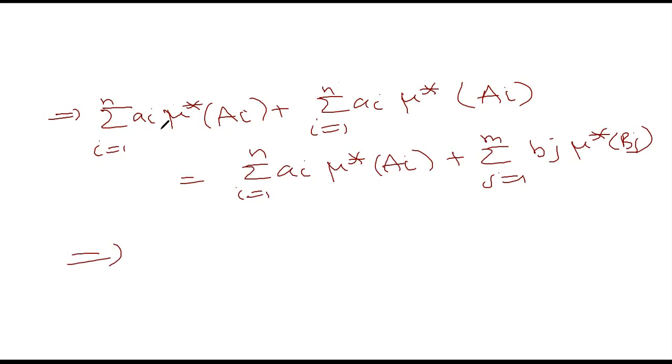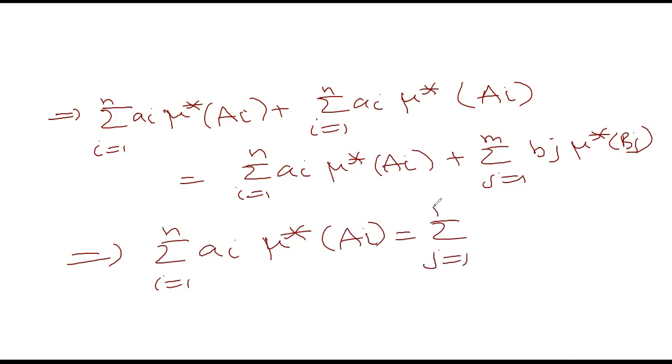Since it's a finite number, summation i of ai mu star of ai is the same as summation j of bj mu star of bj. So the integral is actually independent of the representation. If you take the standard representation or the other representation, both integrals are the same. Thus this integral is a well-defined function.